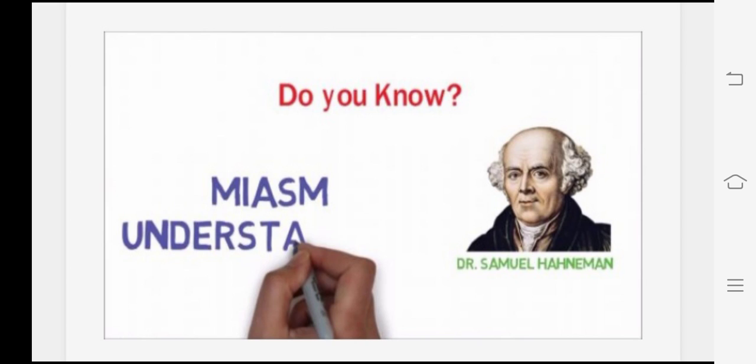This is only explained by Dr. Hahnemann in his book on chronic diseases. So you have to know about half spiritual miasm and half acute miasm. Then the next type of miasm, the second type, is chronic miasm. So firstly we studied what is meant by miasm.